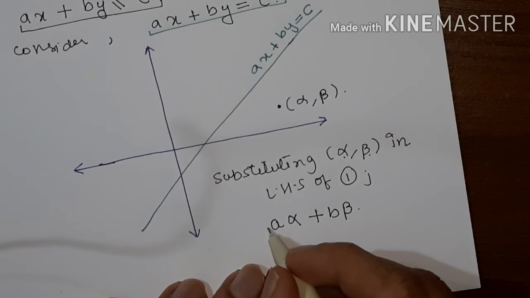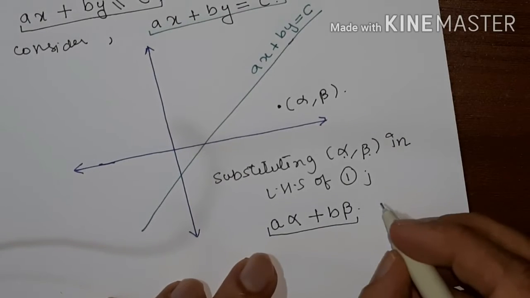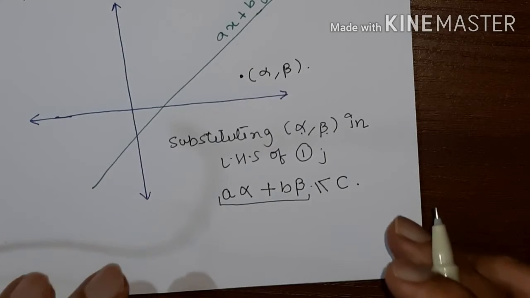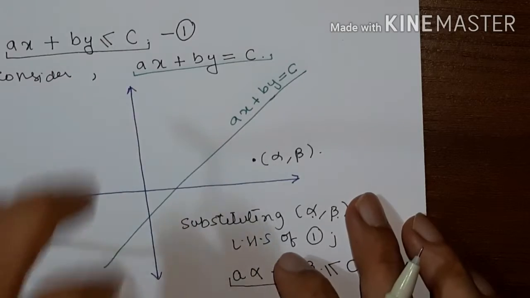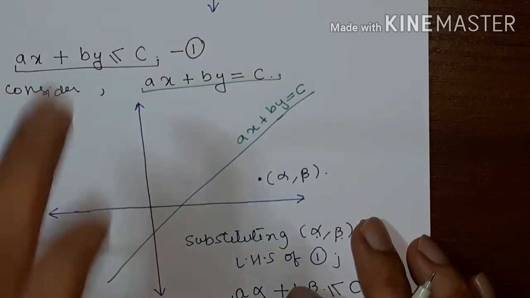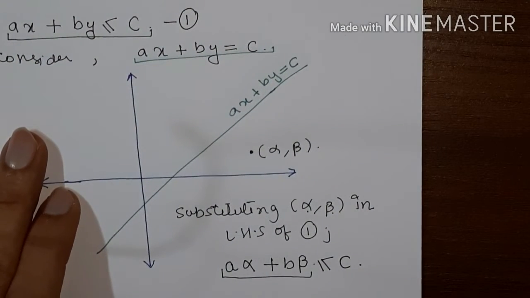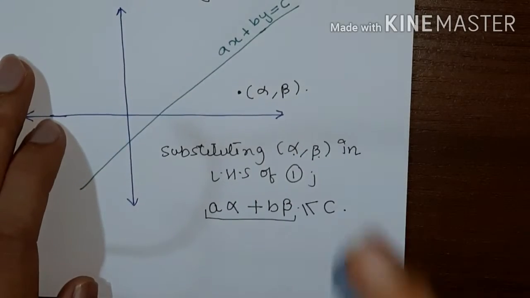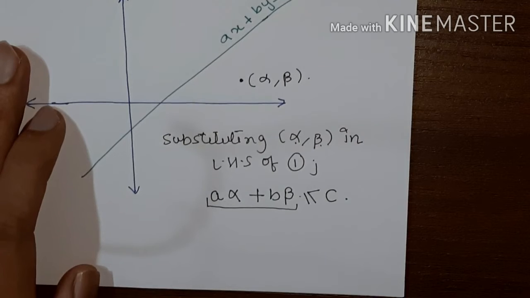Now suppose you calculate this value and you get it less than or equal to C, then the solution of the inequality 1 will be nothing but the region which contains this point alpha comma beta.